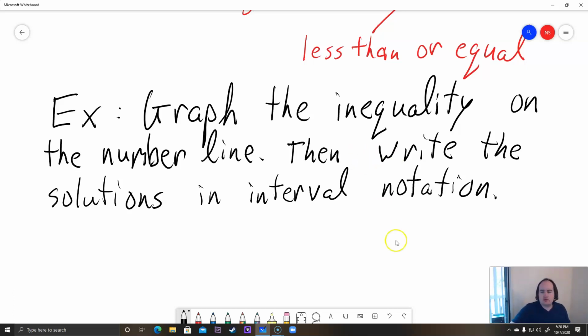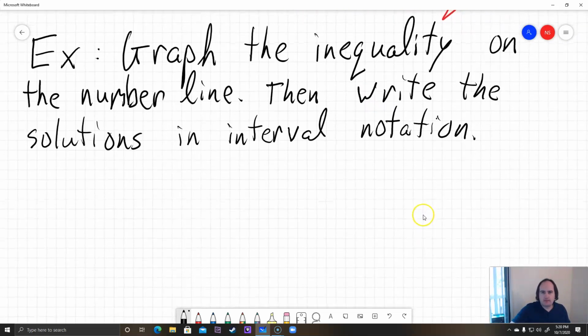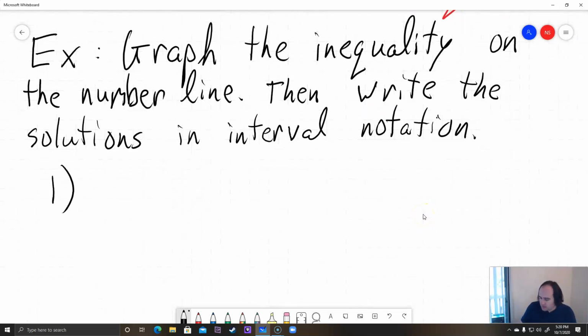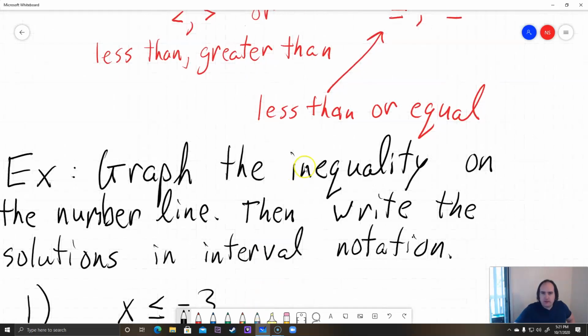Okay, and for problem number one, we have the inequality x is less than or equal to -3. Remember, if it's pointing to the left, it's less than, and if it's pointing to the right, it's greater than. And this one is less than or equal because it has the line underneath it.